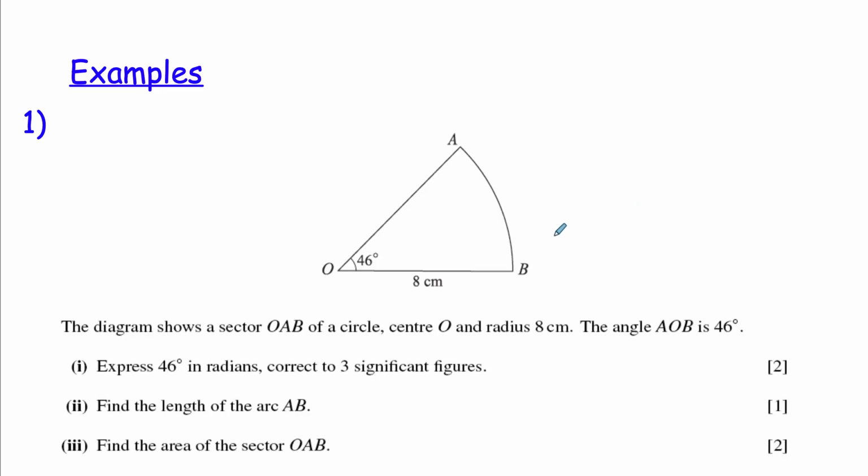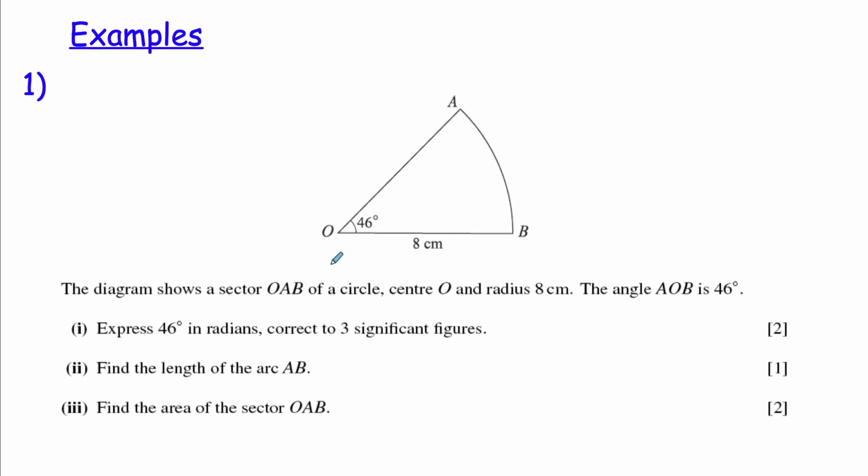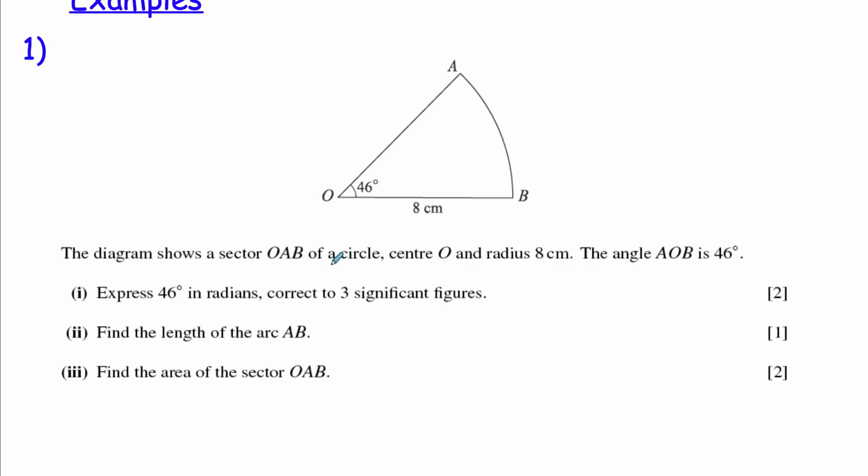So let's go on to a few more complicated examples. This is an old exam question from quite a few years ago now, but it is a good example of the kind of things we'll be asked to do. We've first of all been asked to find the angle in radians. So we need to convert 46 degrees into radians.